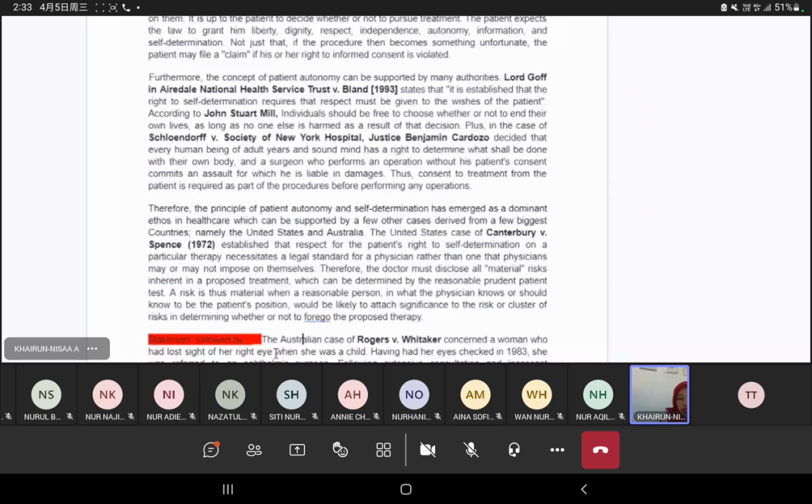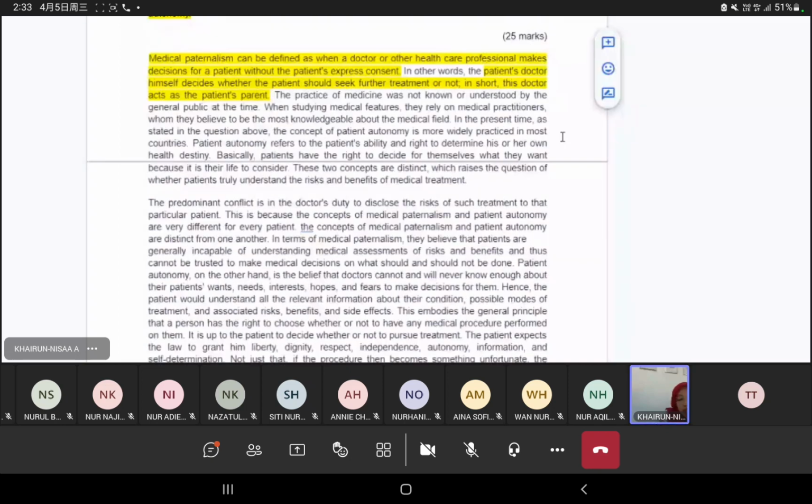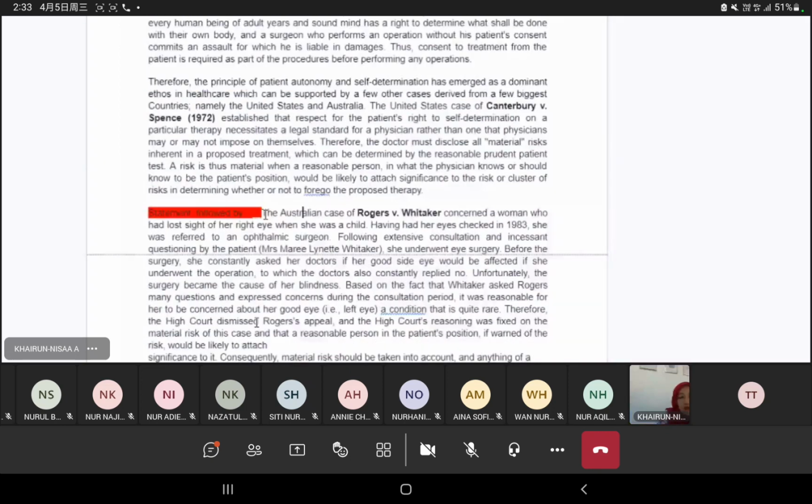Some examples can be seen in the US cases, in the case of Canterbury, for example. So that's how you give your cases, how you give your authority.